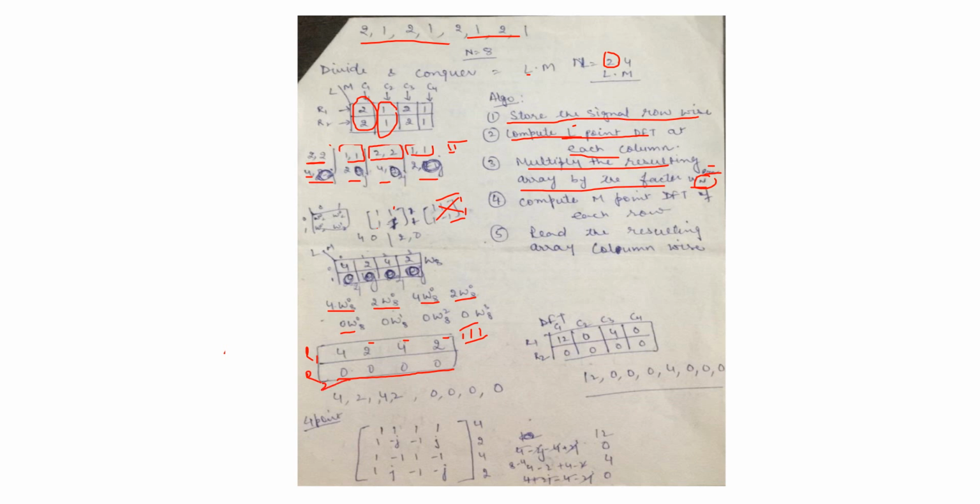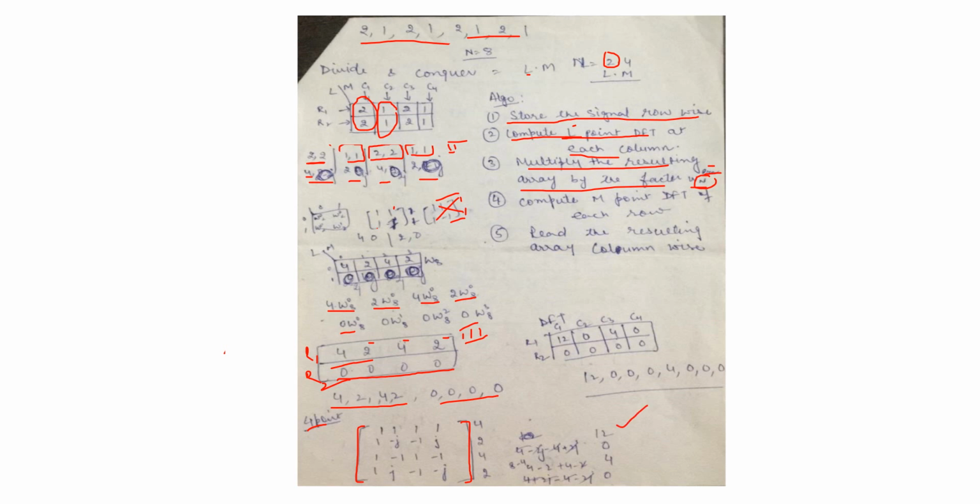So you have to perform DFT of 4 2 4 2 and you have to perform the DFT of 0 0 0 0. Okay, this 4 point DFT I am performing using matrix method. This is the twiddle factor matrix of 4 point. So I write here 4 2 4 2.